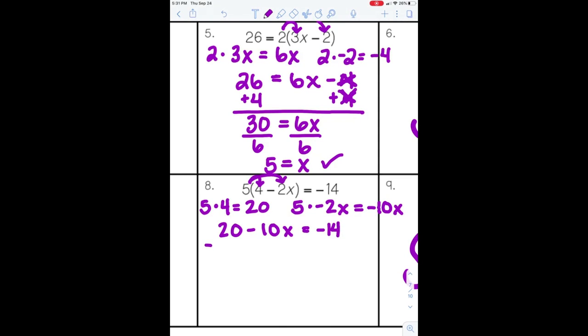I'm going to subtract 20 from both sides because it's a positive 20 on the left, and I need to do the opposite. So positive 20 and negative 20 cancel each other out. So I have negative 10x equals negative 34. I'm going to divide by my coefficient, which is negative 10.